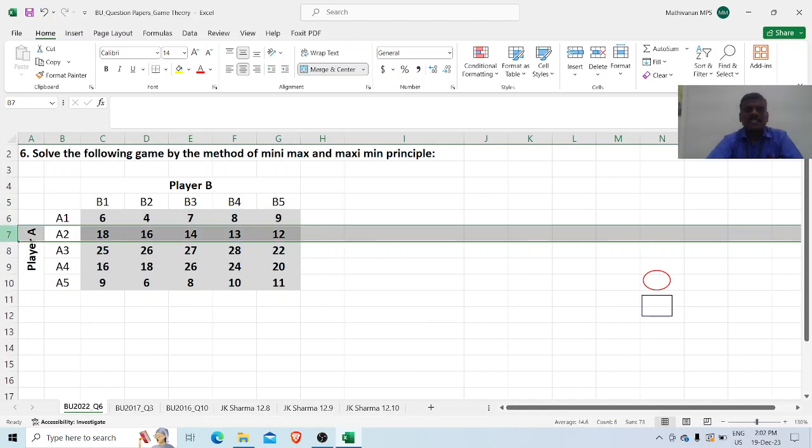Look at the second strategy. Again, all the cell values are positive. That means irrespective of the strategies used by player B, when player A is using the second strategy, he is going to win the game.